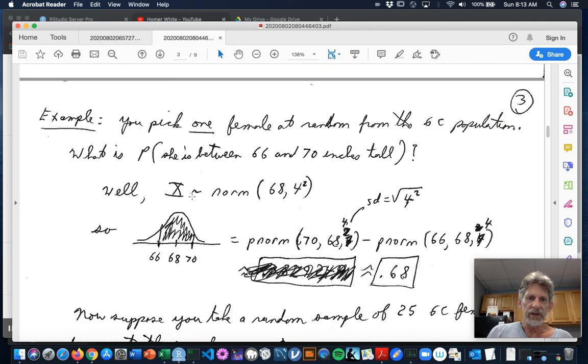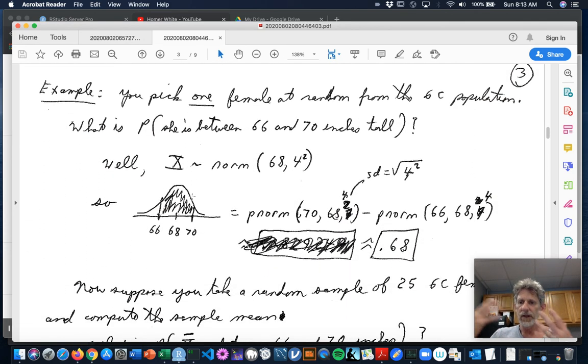Okay, so as a little example of the implications of this, say that you would like to estimate the mean height of all Georgetown College females, but you only have time to pick one female out of the population, and you'll just use her height as a guess for the mean of the population. Okay. Now, unknown to you, the mean is 68. Okay.